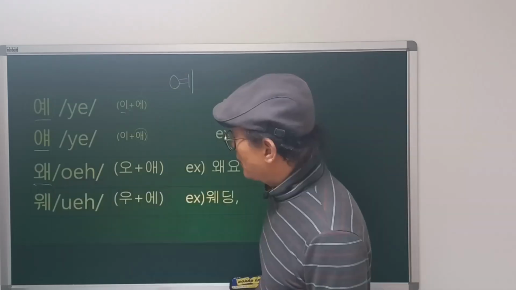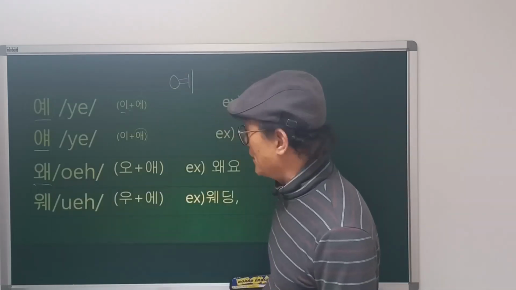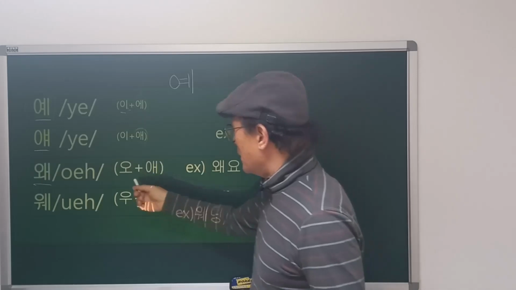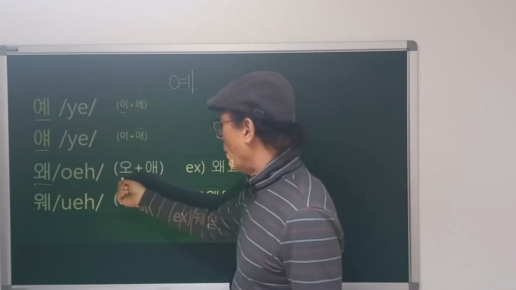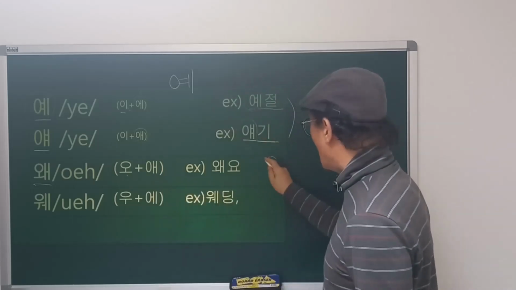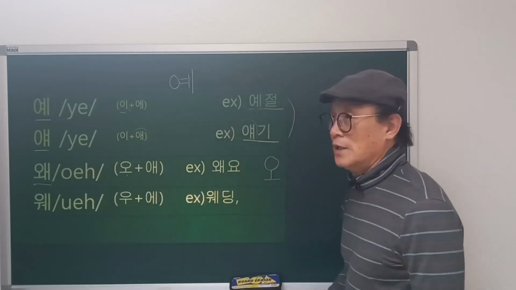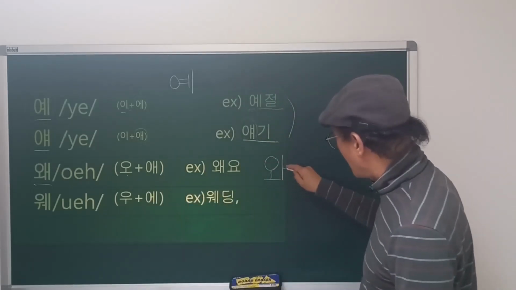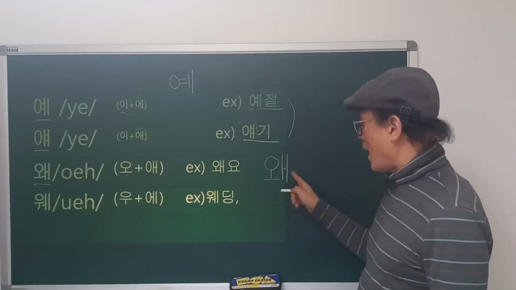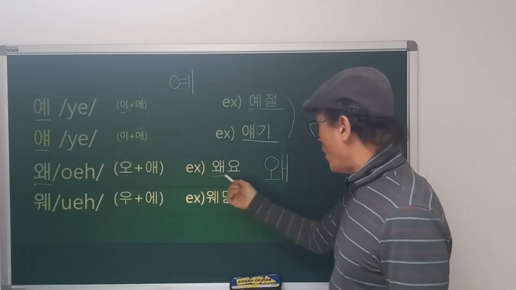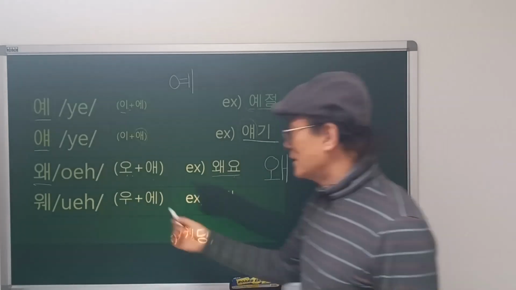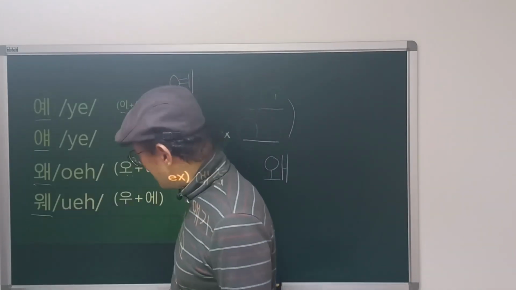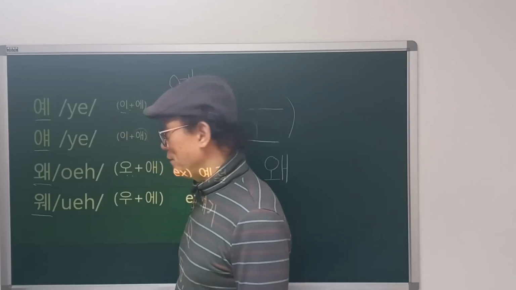How about this? If you look closely, you can identify some combined vowels. Like this one, O, and then E. O, E. Remember? Oe, we. Next. Can you see two different vowels here?